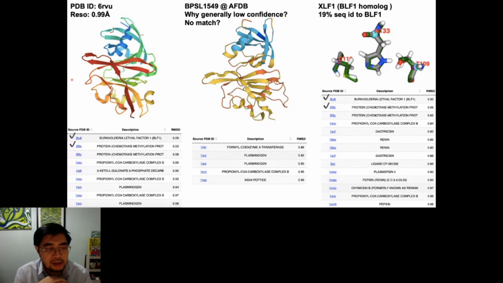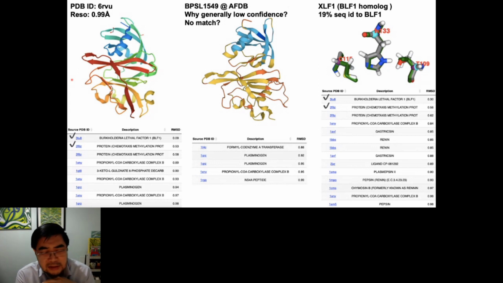So 3TU8 there on the left panel is actually the original BLF1 structure that was solved in 2011. And what you can see here, 6RVU, is a more recent structure that was solved as part of a complex. And second on that list is also a protein called chemotaxis methylation protein.